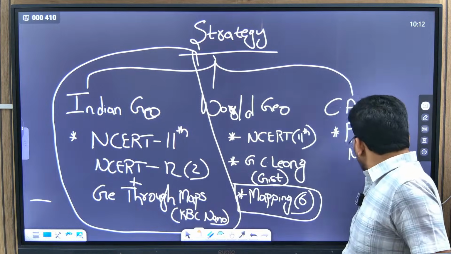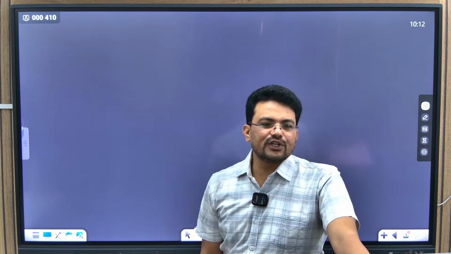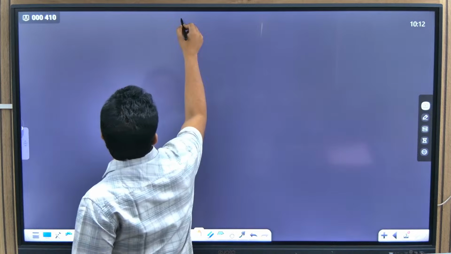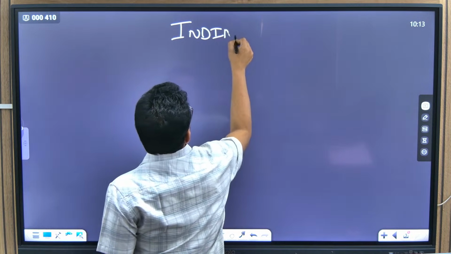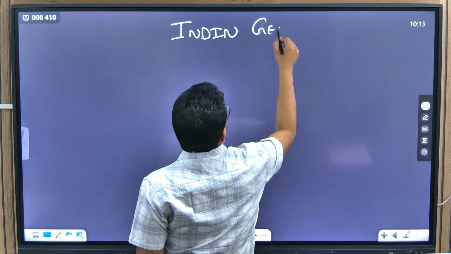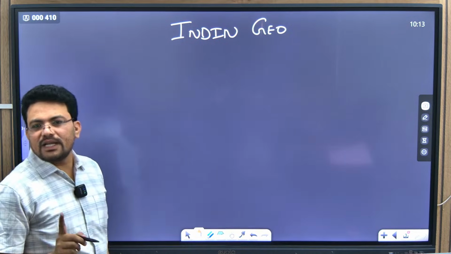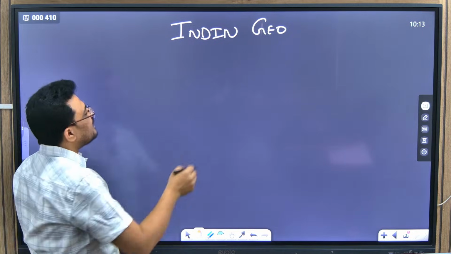Now next, coming to our class, it is Indian Geography. In Indian geography, what you will be studying is only 8 chapters or 8 elements.